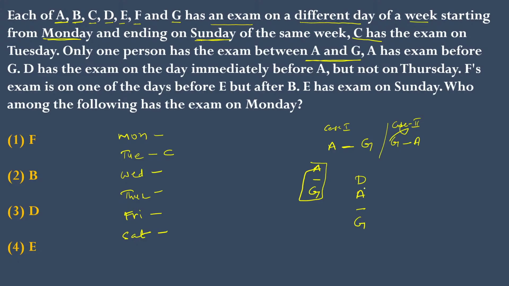D has the exam immediately before A, but not on Thursday. So the only possibility for writing D is here. Why? Because if you write D on Thursday, we don't get the arrangement, so this is false.